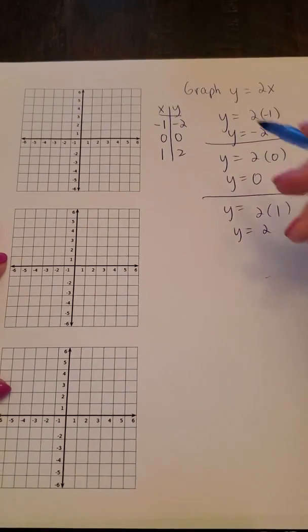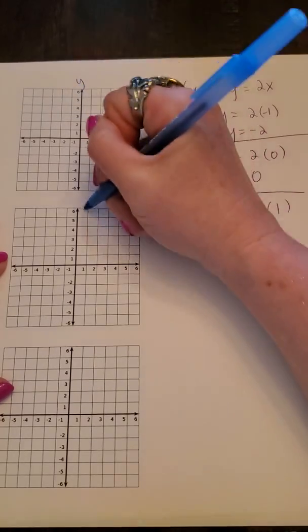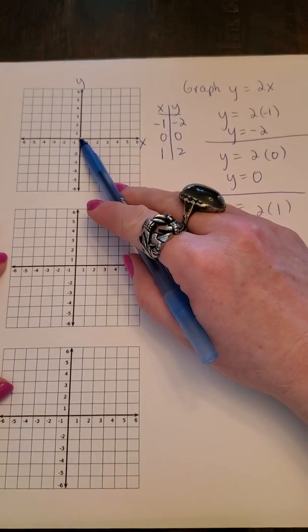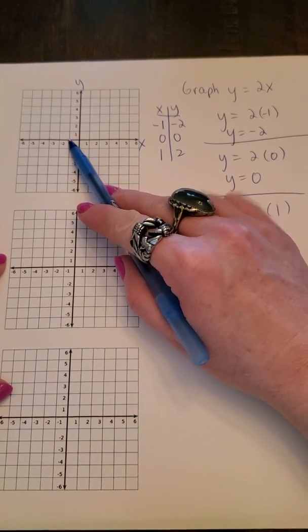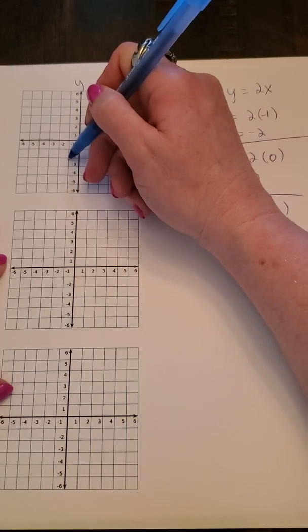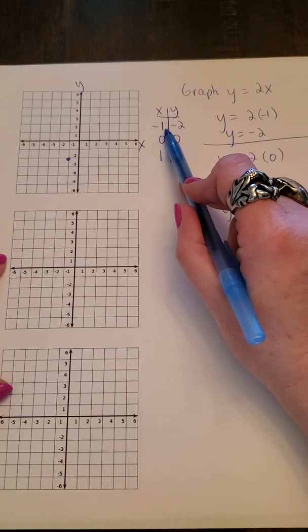Okay, we're going to graph this t-table. Here is the y-axis, and here's the x-axis. X equals -1, so start here, go to x = -1, and then y is equal to -2, go down 2, and put a dot. So start at the origin, go left 1 and down 2, that's that point.